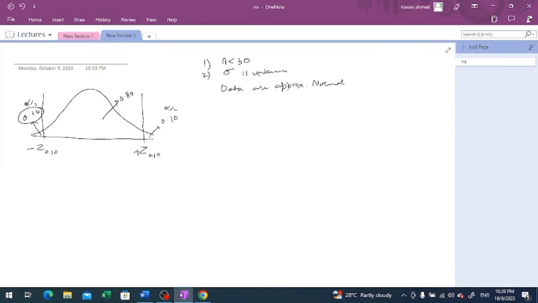If sigma is not provided, so sigma is unknown. Similarly, the third condition, data are approximately normal. To check the third condition, whether it exists or not in case of a given sample data, we draw a graph that we call normal probability plot.